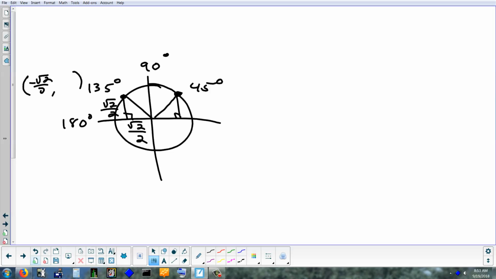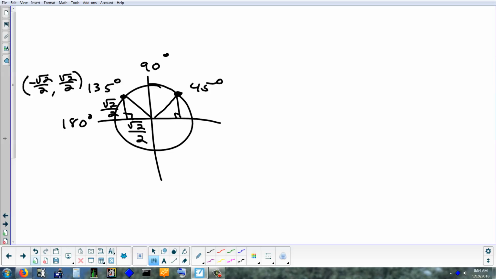So it's negative root 2 over 2, but we still went up, root 2 over 2. That's going to be the only difference with the coordinates today. Sometimes there'll be a negative in front of x, sometimes a negative in front of y, sometimes a negative in front of both, depending on the quadrant. But you're still going to use root 2 over 2, a half, and root 3 over 2. Any questions on that idea?